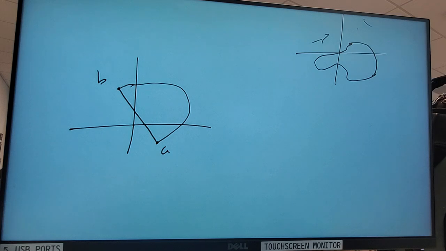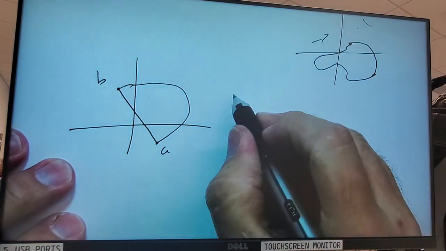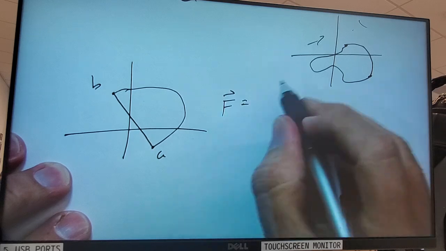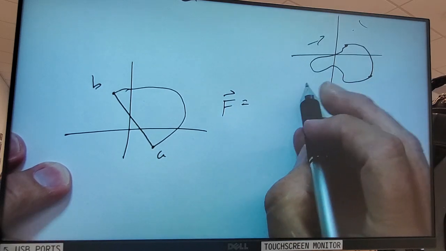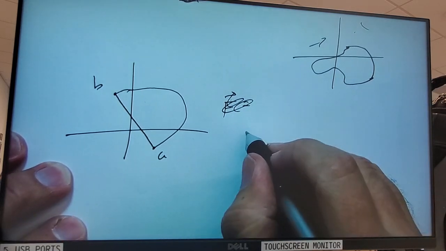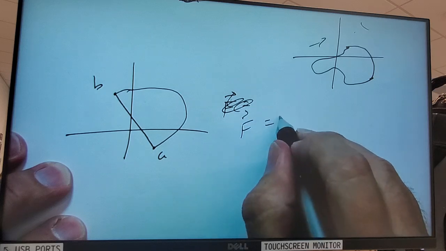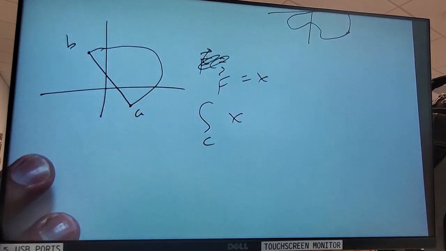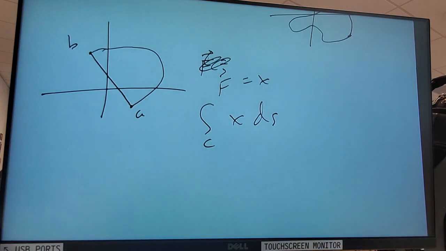If, for example, the vector field here was, let's say, just x. So I'm integrating along the curve x ds. Then what I'm doing is I'm collecting all the values for x. So if I go along this route from A to B, I'm going to get some positive, some negative.